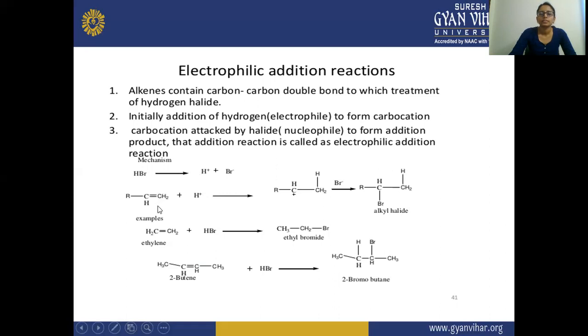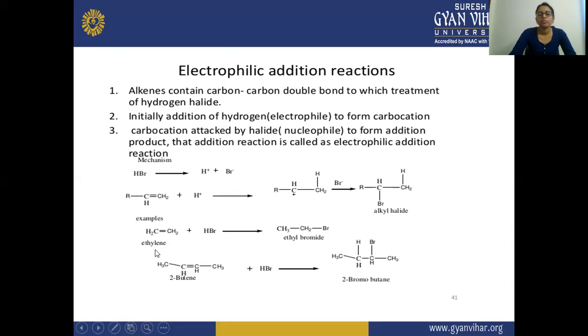Here an example is taken. When H positive is added to the first carbon atom, a carbocation is formed, so there is a positive charge. Then Br negative attacks this carbocation, and an alkyl halide is formed.